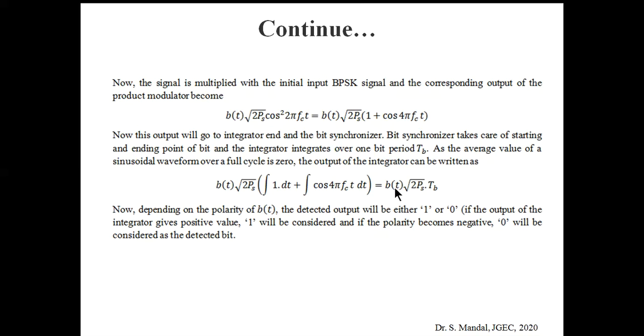Now it has two polarities, so bt can take either plus 1 or minus 1. Depending on plus 1 or minus 1, the total value will be either positive or negative. If the corresponding output has positive polarity, then we can easily conclude that 1 has been detected, and if the polarity becomes negative, we can conclude that 0 has been detected.